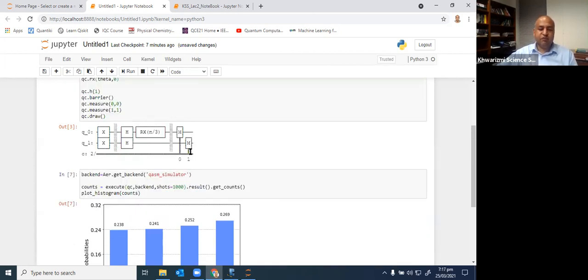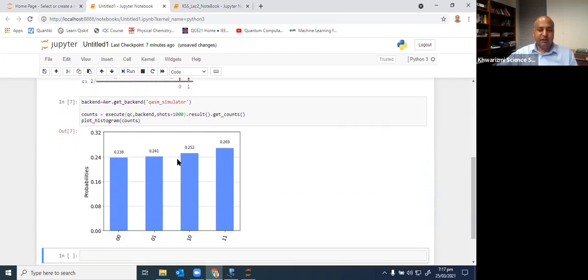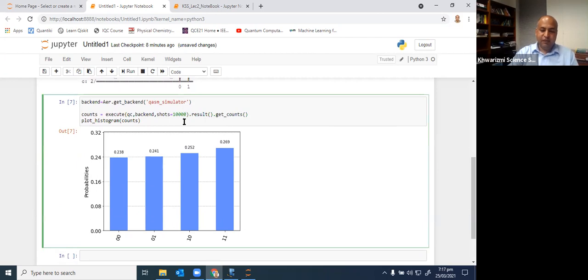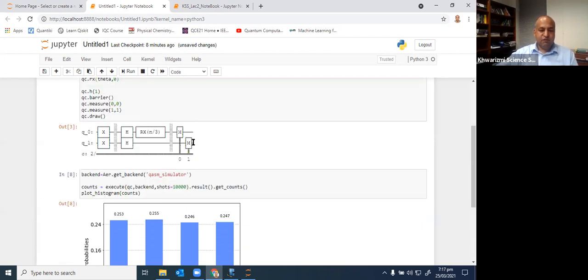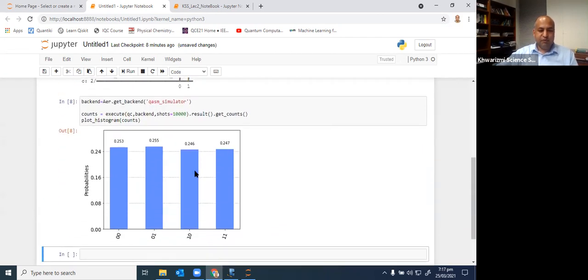We are running it on a simulator, so it doesn't really matter. So it looks like perhaps each state has 25% probability, and you see that's what it is approaching. So this is how we can run this circuit on this simulator, and almost in the same way we will be running it on a quantum computer.